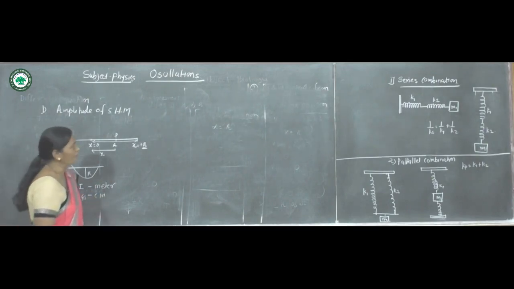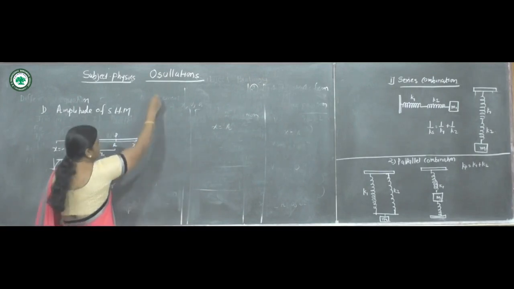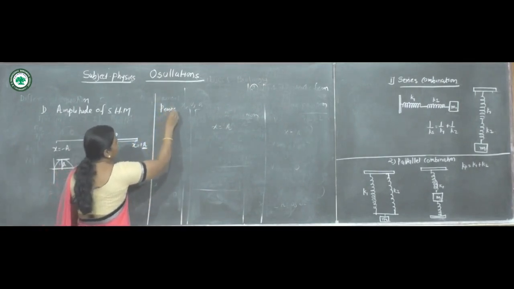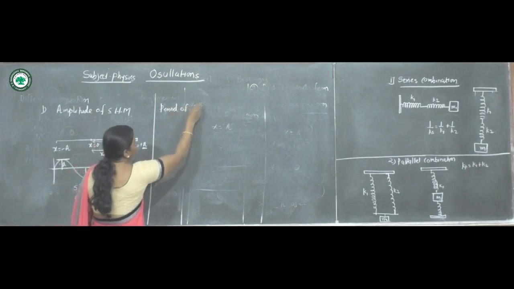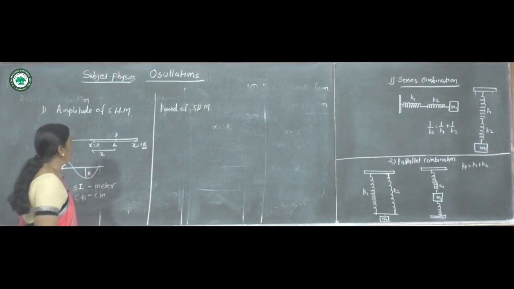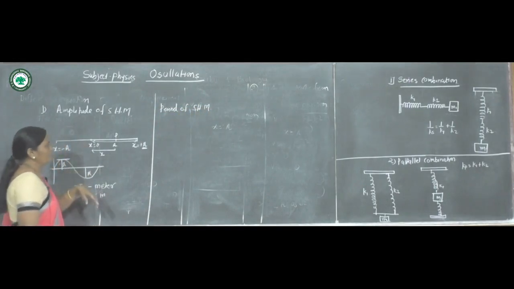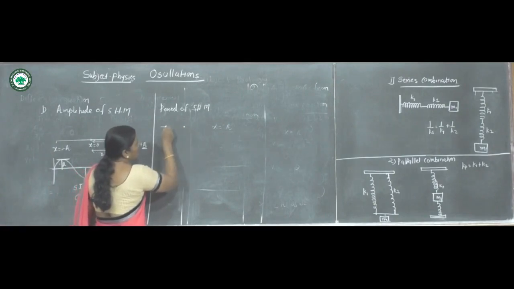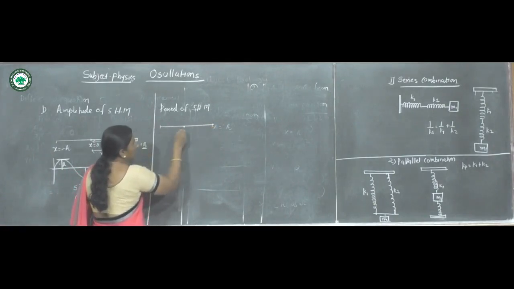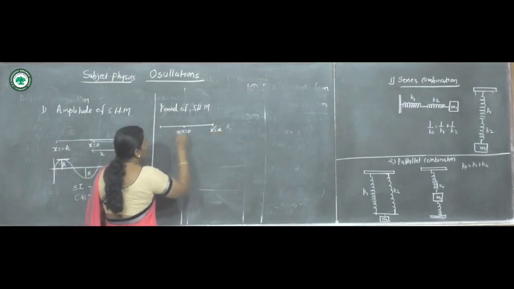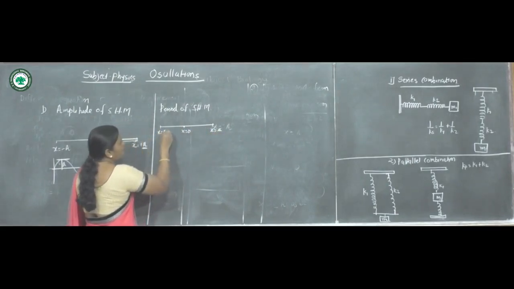Now the next quantity, period of SHM. What is the period of SHM? See, suppose this is the mean position, here is an extreme position, and here is again an extreme position.